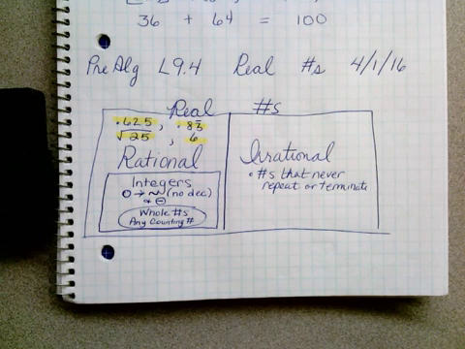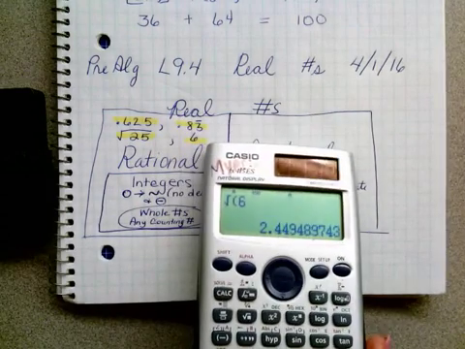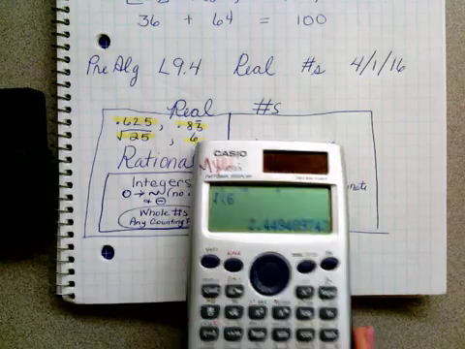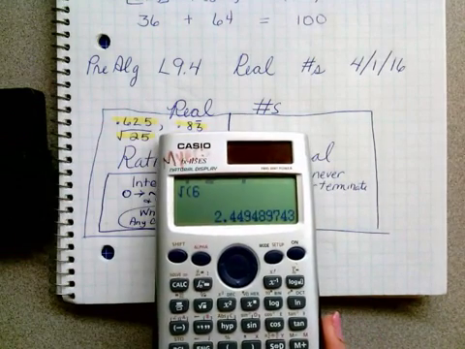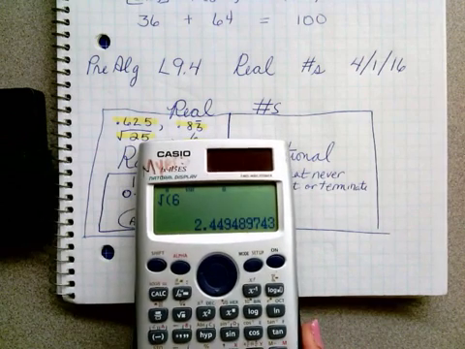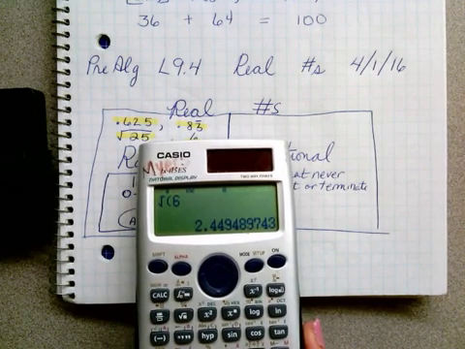How about the square root of 6? Well, for fun, and your calculator might look like mine. Okay, take a look at that. Doesn't it look like it's a terminating number? Because my calculator ended it there. There's no indicator on a calculator that something terminates. Okay?